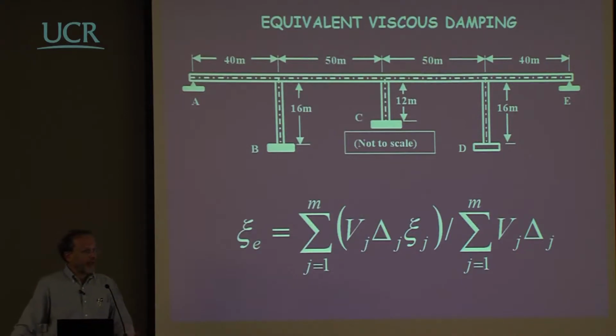And then the global equivalent damping of the bridge is the combination of the damping of each one of the systems multiplied by the force going to that system and weighted on the global base shear.